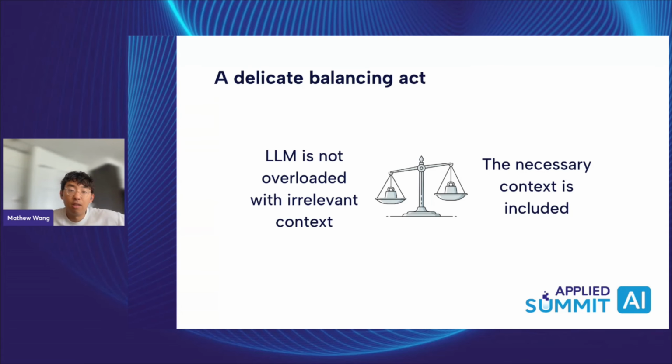On the other hand, you really want to make sure that the necessary context is included, and the less context you give the LLM, the more risk you run of missing the relevant context. And the LLM just does not have the ability to answer the question correctly because it just doesn't have the right information available to it.